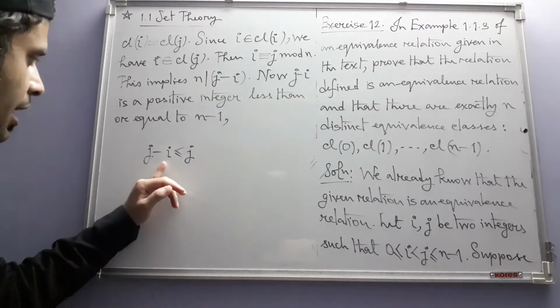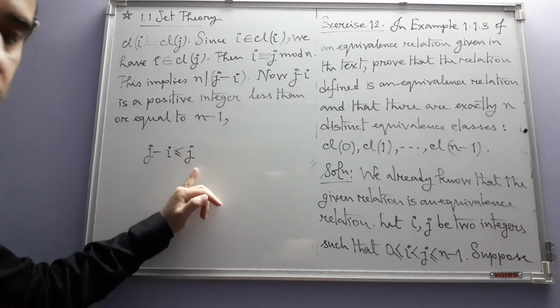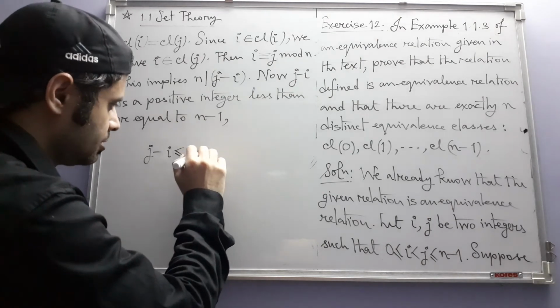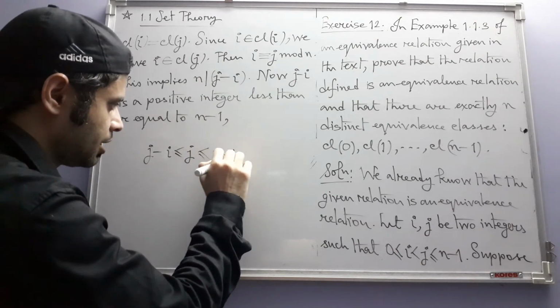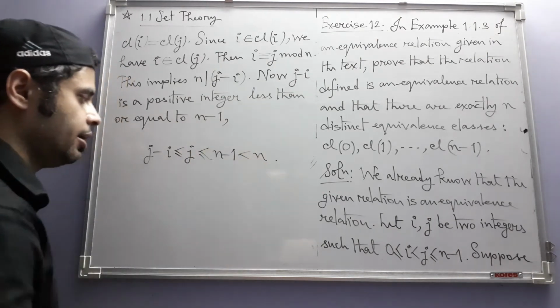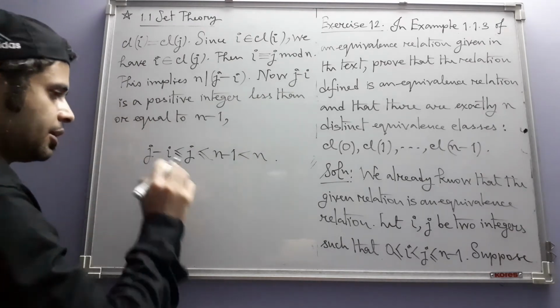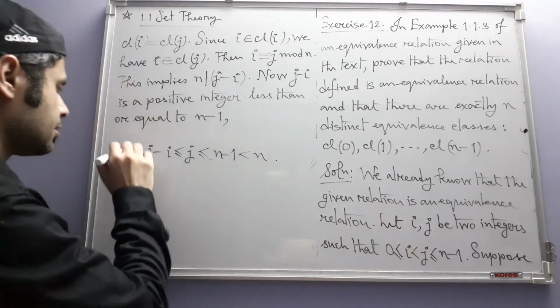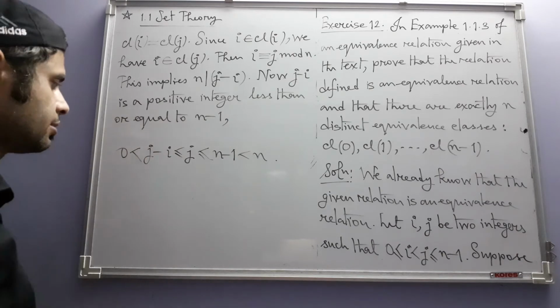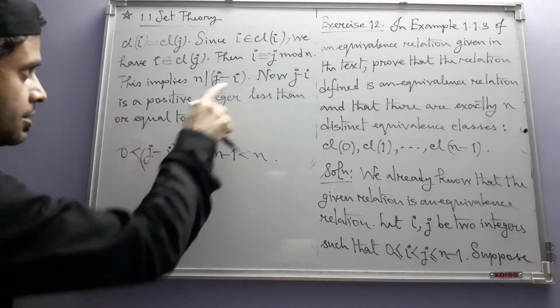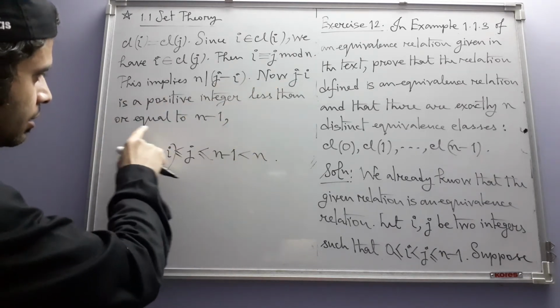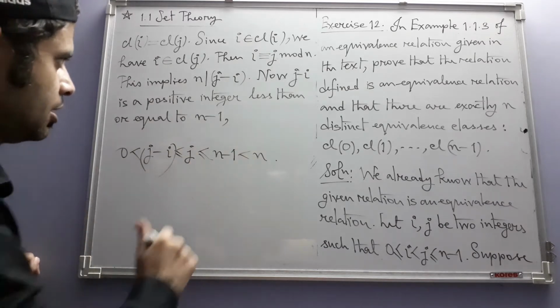At most, if i is 0, j minus i will be equal to j, but j is less than or equal to n minus 1, and this is less than n. At the same time, since j is greater than i, this is greater than 0, so j minus i is a positive integer less than or equal to n minus 1.